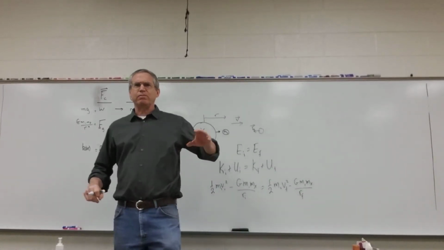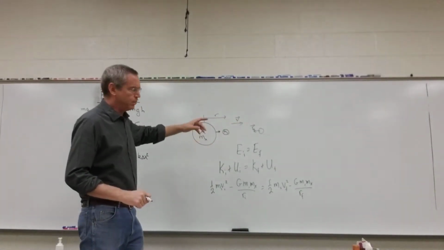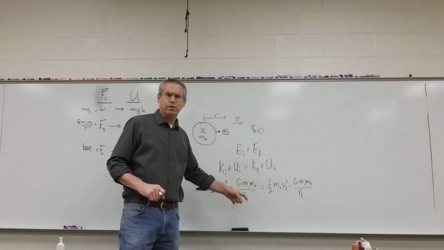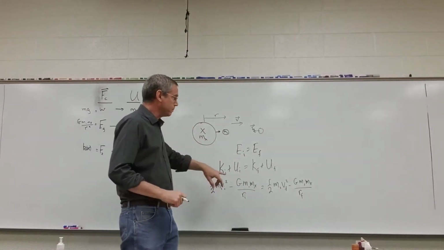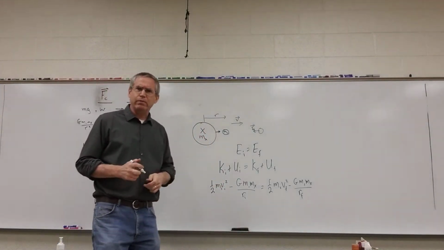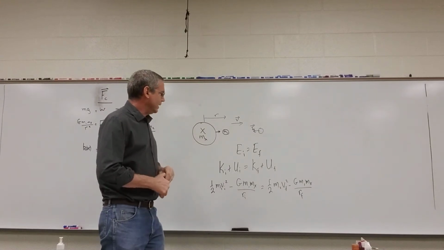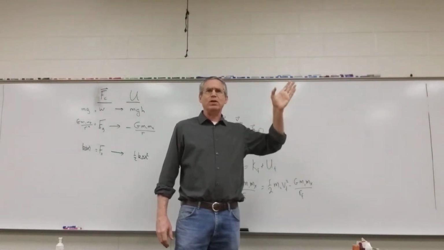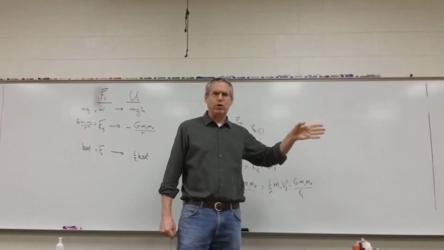All right, so this is a very similar process to what we've done before. In other examples, this was mgh instead of negative G m1 m2 over r. So now we've got to figure out what we can get rid of. Well, the thing is slowing down as soon as it's launched, and it's never going to stop, but it's going to get closer and closer to zero.